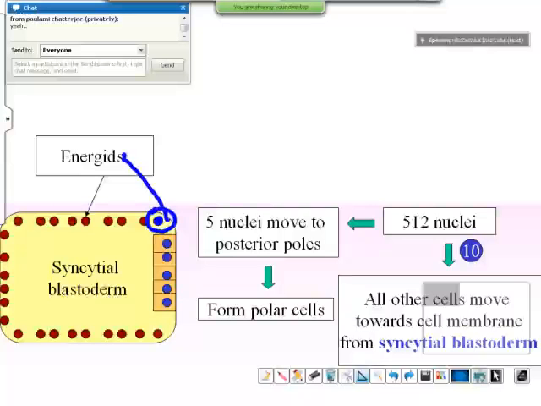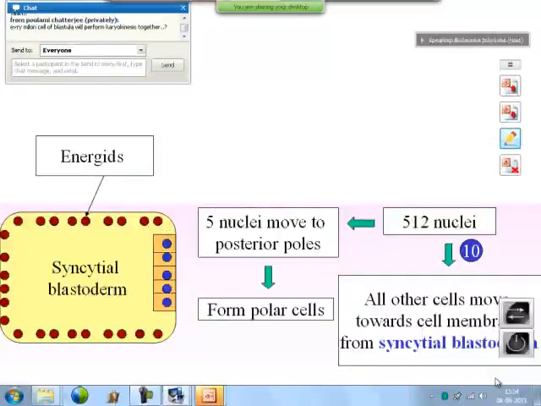Okay, fine. Now, that was just the syncytial blastoderm. After syncytial blastoderm formation, that means this structure in which 5 cells are there plus one big cell which contains 1014 nuclei, this is the syncytial blastoderm.